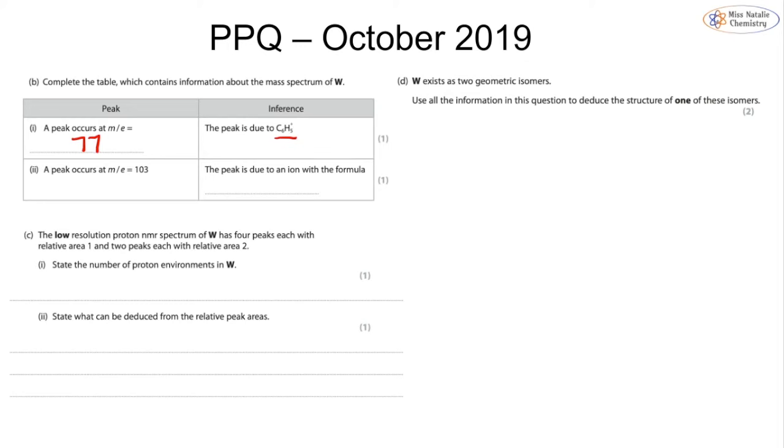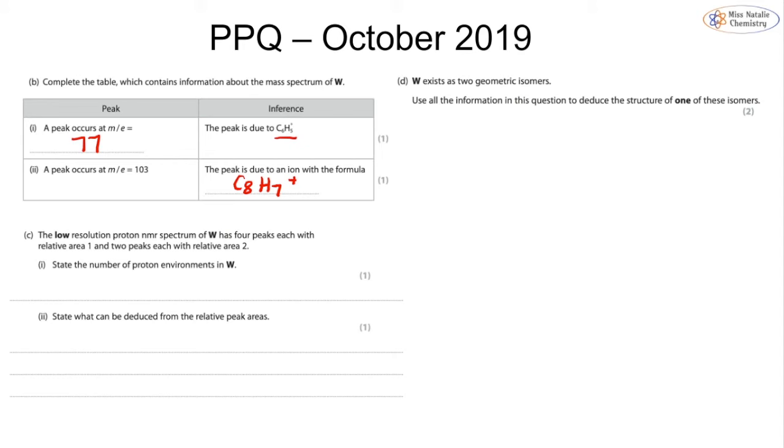The peak occurring at 103 is due to an ion with the formula of, well, we have to determine how many additional hydrogens or carbons we need to add in there, and we figure out what mass that would be, and that would give us C8H7+. So it's the addition of 2 carbons and 2 hydrogens.